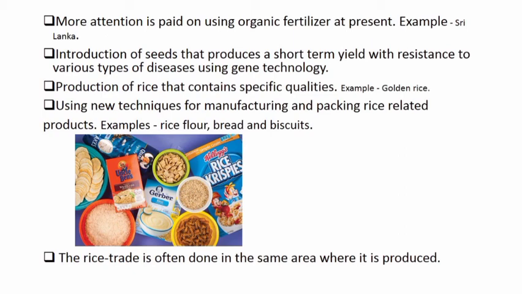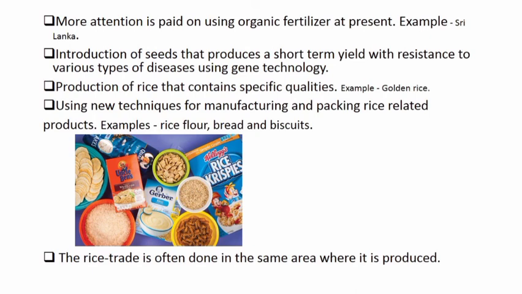We can see a large number of rice-related products in the market. As examples, rice flour, bread, biscuits, cakes, noodles, etc. New techniques are used to manufacture and pack these products.